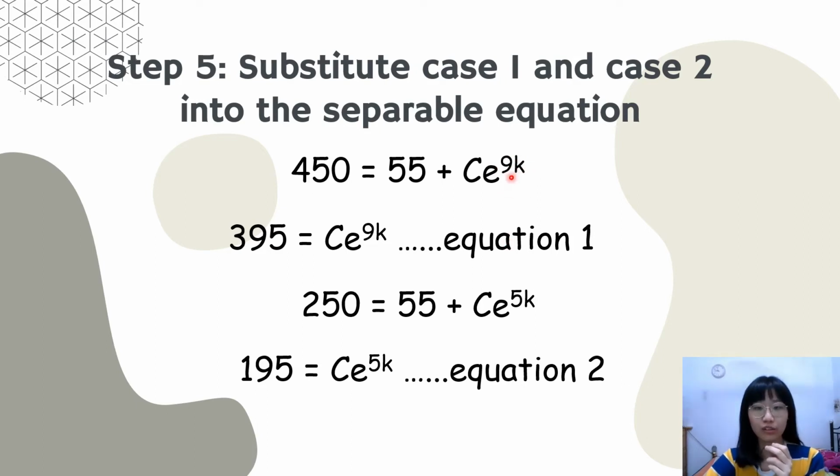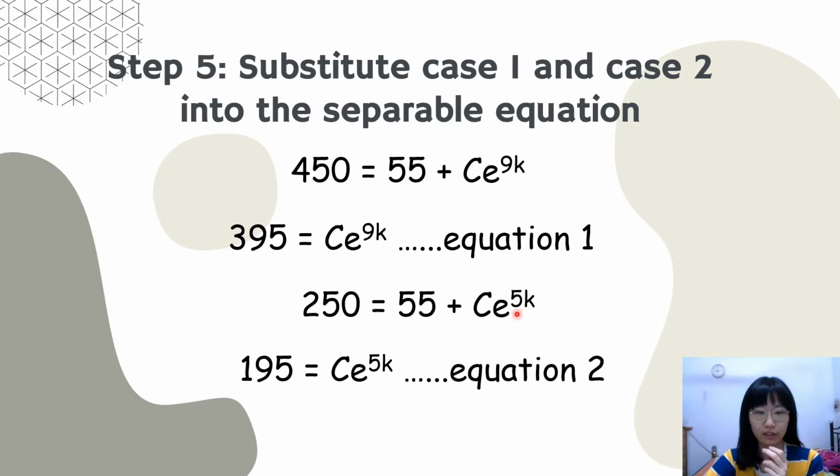So it took 9 hours, so we substitute 9K. Later we make C e to the power of 9K the subject, and then we get 395. And for the second case, 250 degrees Celsius, 55 is the initial temperature, C e to the power of 5K.